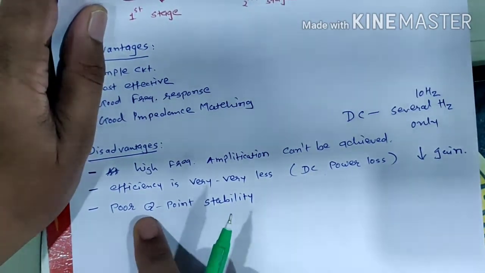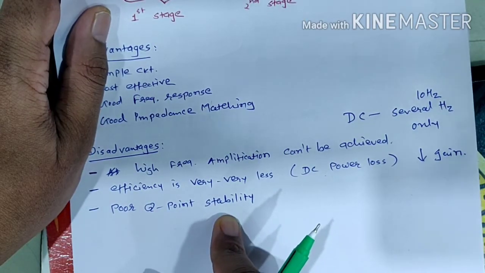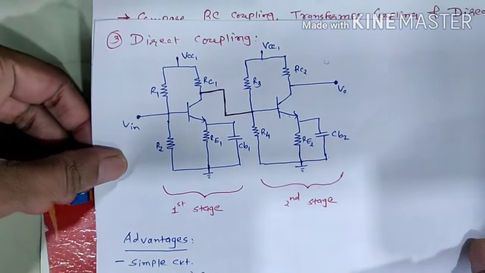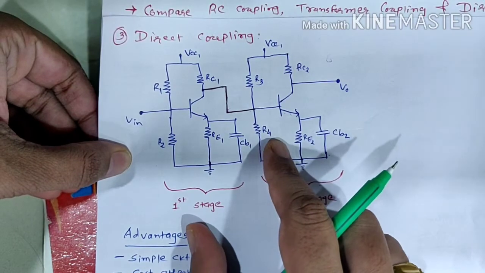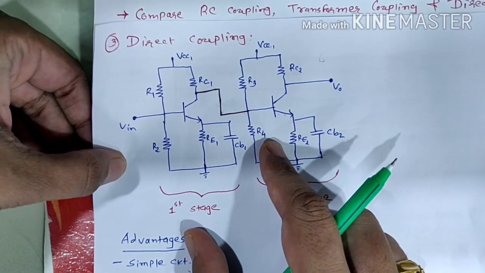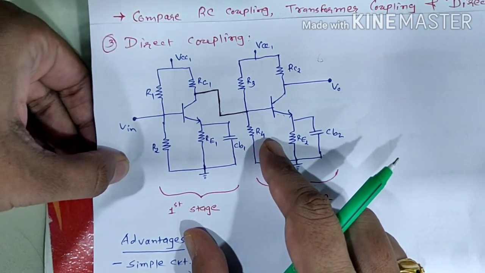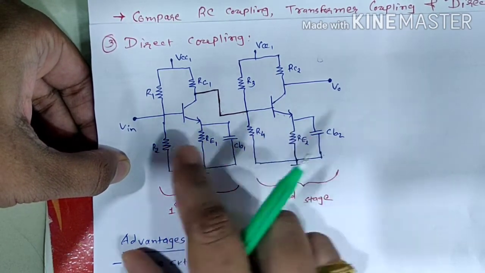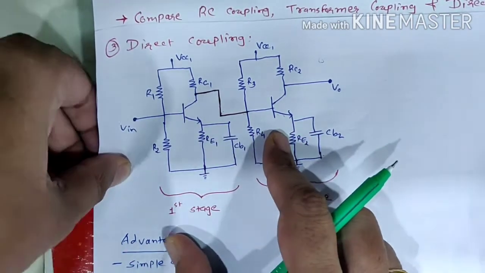So we can say there is poor Q point stability because there is no DC isolation in this particular circuit.